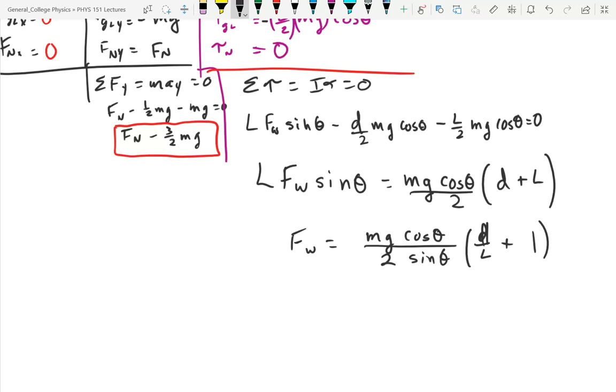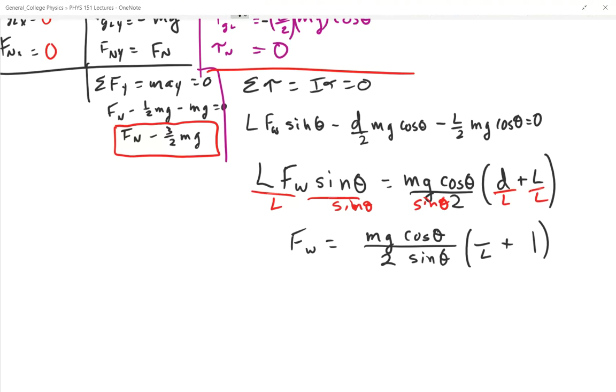L over L is 1. So when I divide it by L, I just put it in like that. So the L over L gave me 1. And so there's an equation.